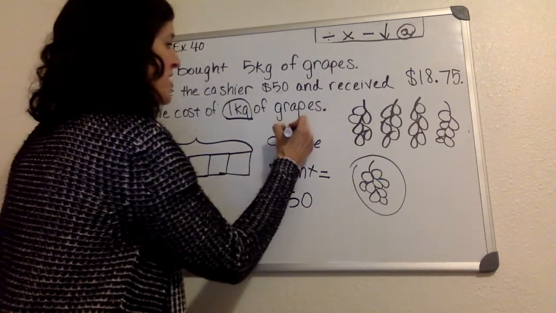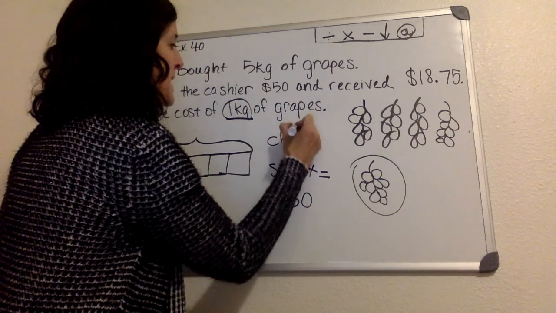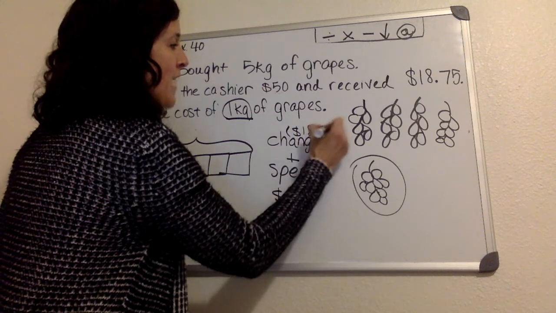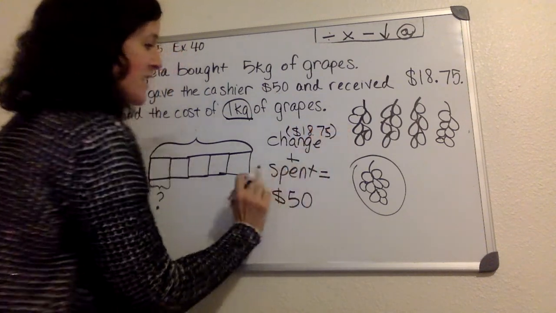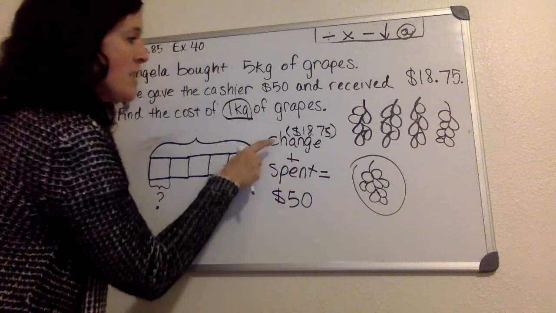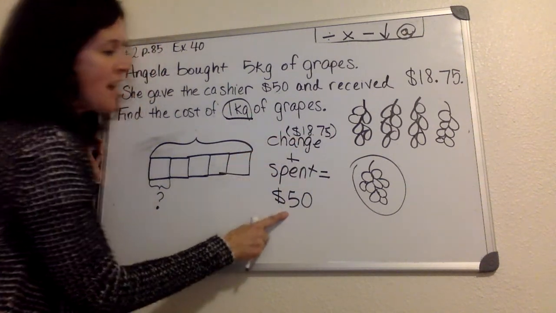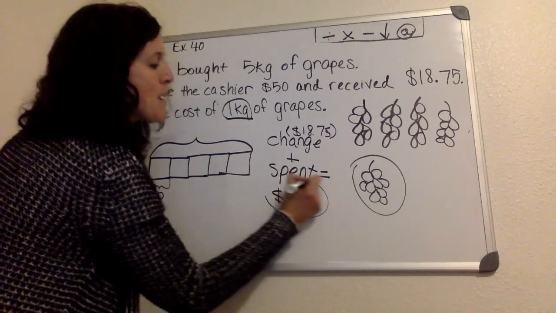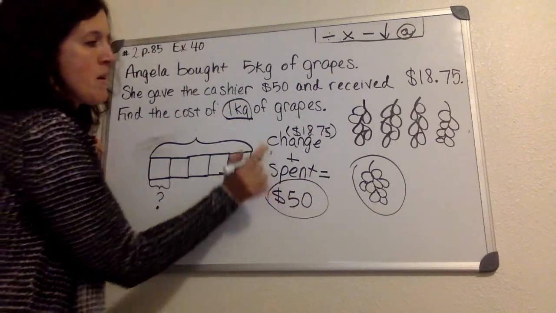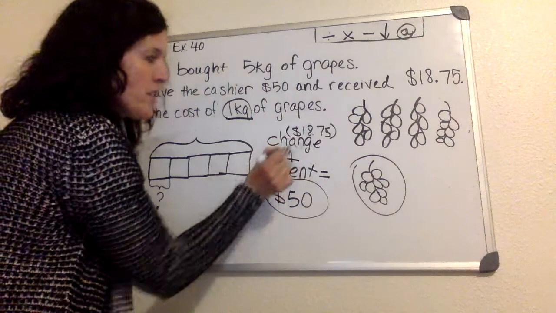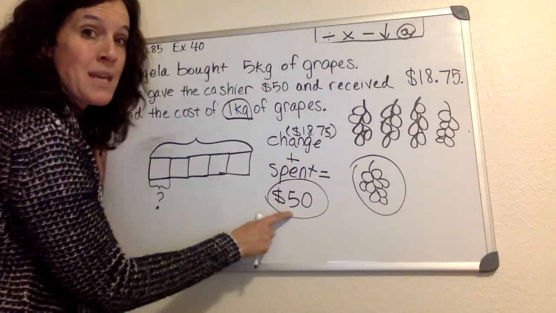Okay, so my amount in change was $18.75. This is my mystery right here. $18.75 plus something is $50. Look at this. This right here is my big number. I've got 2 small numbers adding up to my big number.